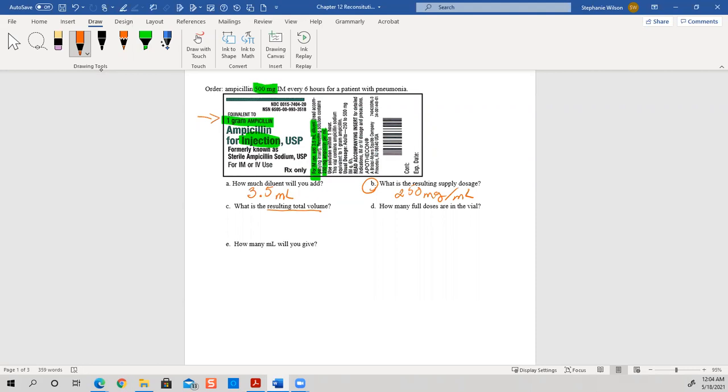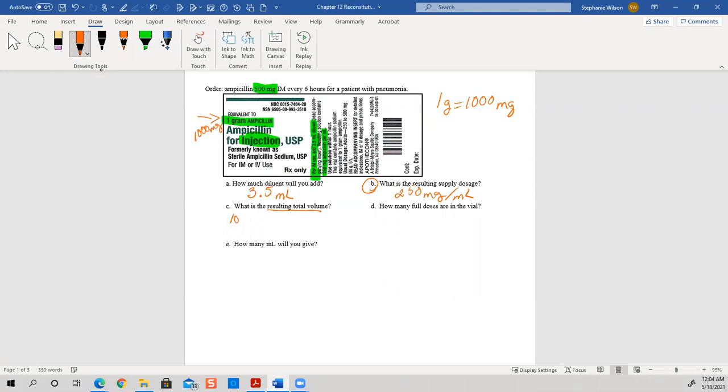So we notice that the total volume is in grams, 1 gram, and our resulting supply is in milligrams. And we know by now that for every 1 gram, it's 1,000 milligrams. So 1 gram is equal to 1,000 milligrams. So if I just multiply this 1 gram by 1,000, I end up with 1,000 milligrams.